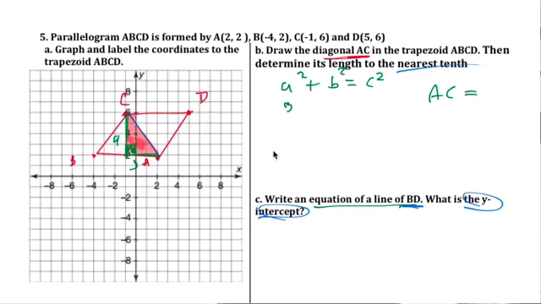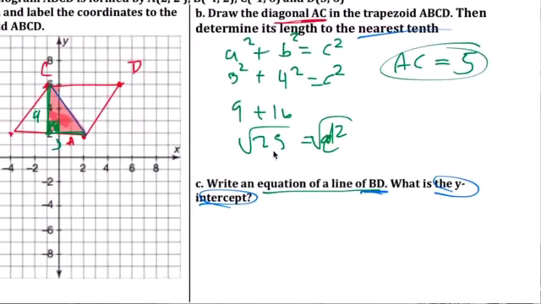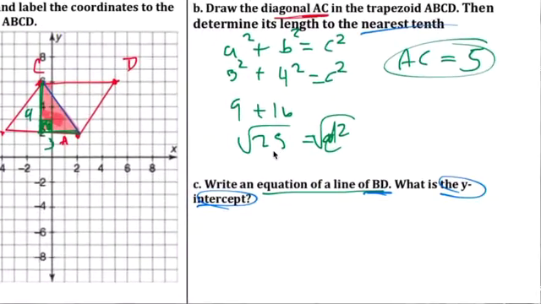So 3 squared plus 4 squared, that's 9 plus 16 is 25, and the square root of that, the diagonal, is 5. AC is 5.